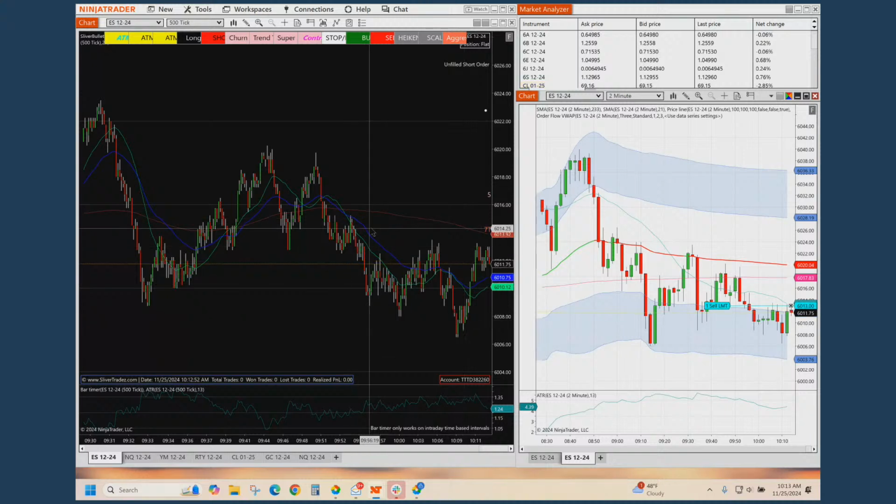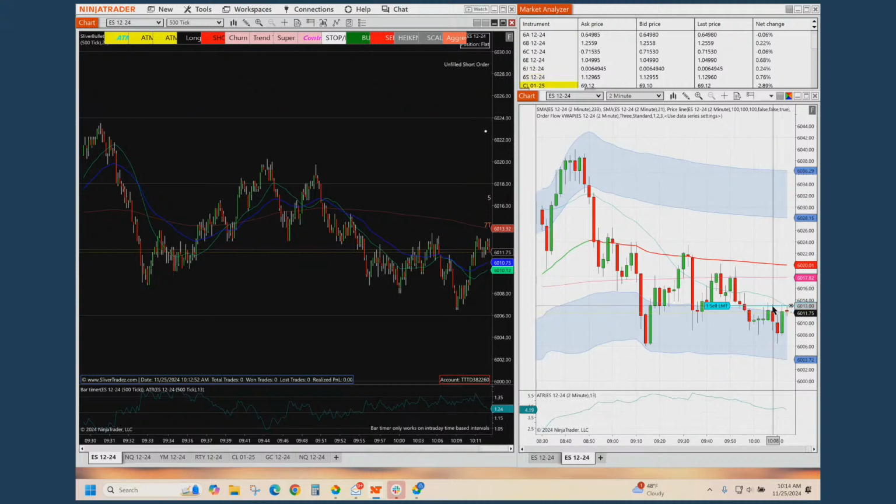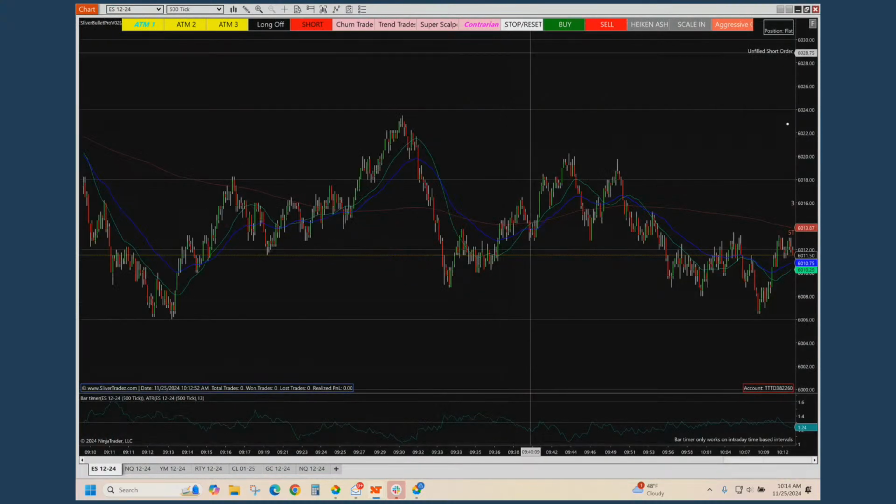Not filled yet. It says unfilled short order. And here I can see the chart where the trade is. So let me do it hidden here also.